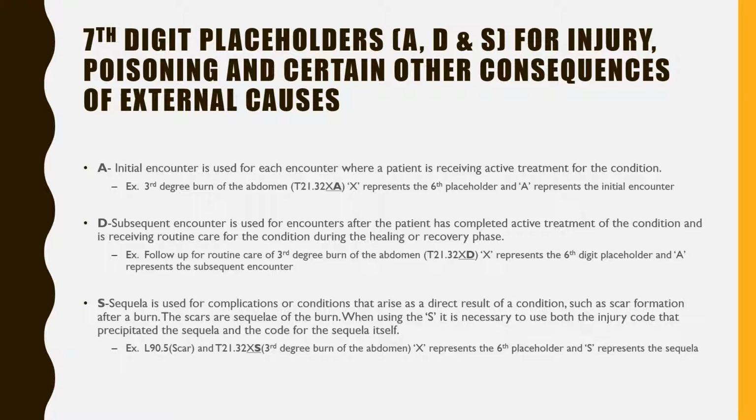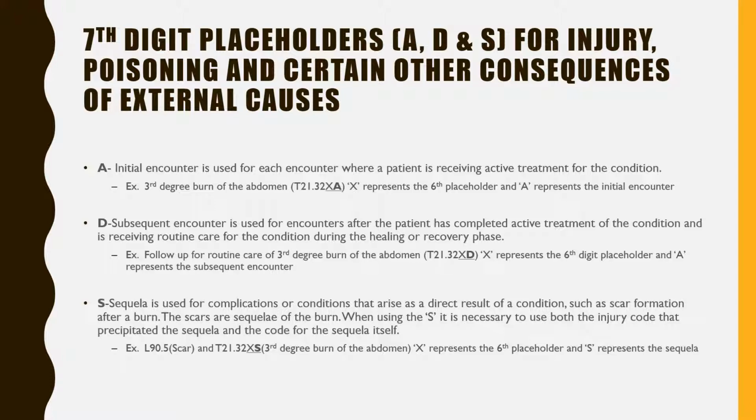The example I use is a 3rd degree burn of the abdomen, represented by ICD-10 code T21.32XA. The X represents the 6th placeholder because there wasn't a 6th digit to assign, and the letter A represents the initial encounter.